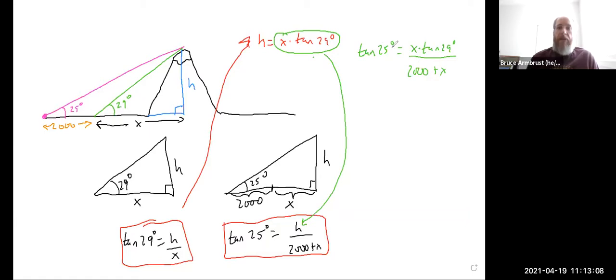Since I've got a fraction, let's get rid of it. Let's multiply both sides by that 2000 plus x. Now I'm going to distribute on the left-hand side. So I get tangent of 25 times 2000 plus x times tangent of 25 equals x times the tangent of 29.